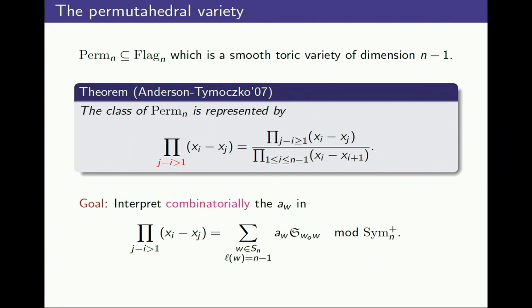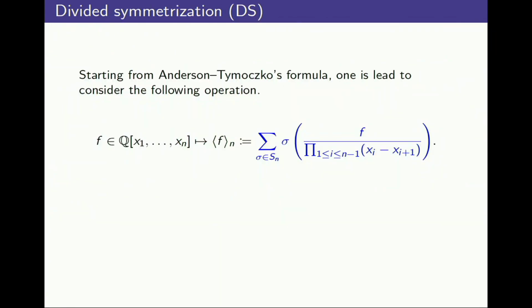Okay. Right, so these are the quantities of interest, these A sub W's, and they'll occupy me for the rest of the talk. So here's the first transformation, turning this into a question that I can tell a computer to do the heavy lifting. This operation of divided symmetrization, you take a polynomial, and here's what you do.